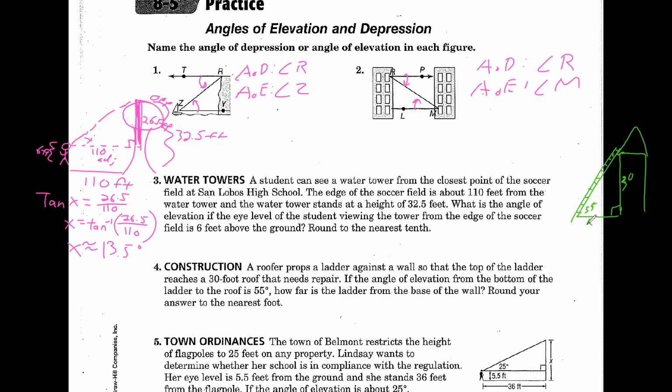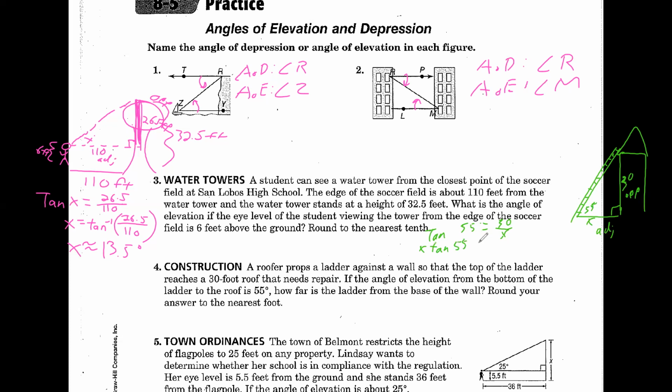So we have opposite, we have adjacent, and again, that creates another tangent. So, tangent of 55 equals 30 over X. Multiply X to the other side.